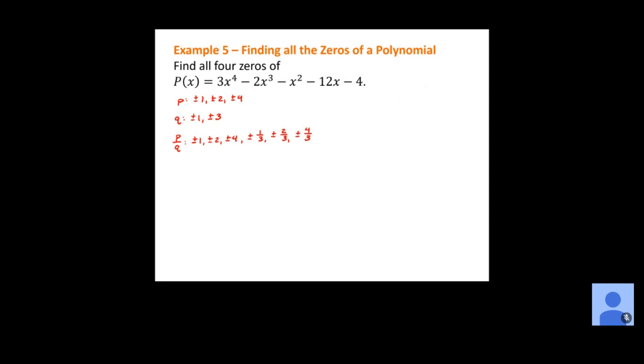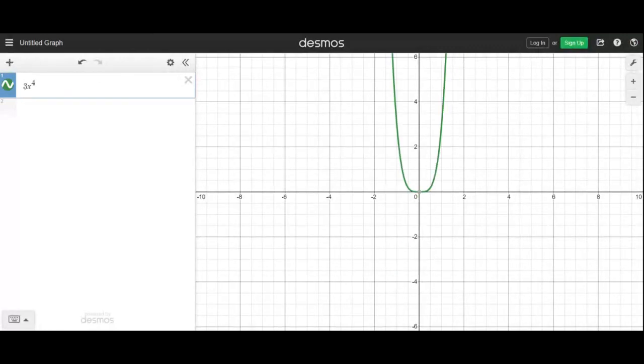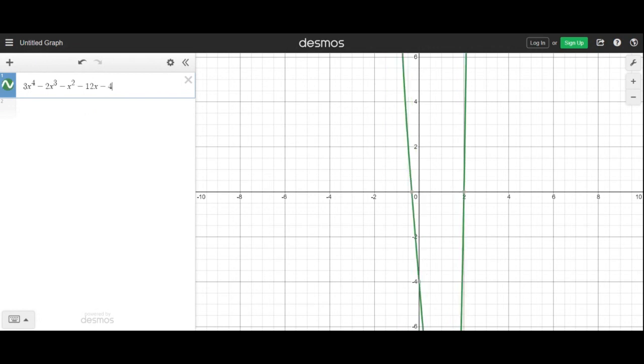So I don't want to test all 12 of those values, right? So now we can go to our graph, see which ones we might want to test. Let's look at our graph in Desmos. So we've got 3x to the 4th minus 2x cubed minus x squared minus 12x minus 4.